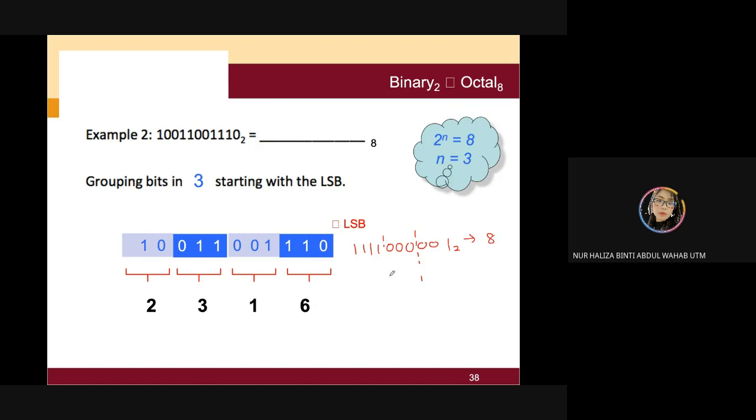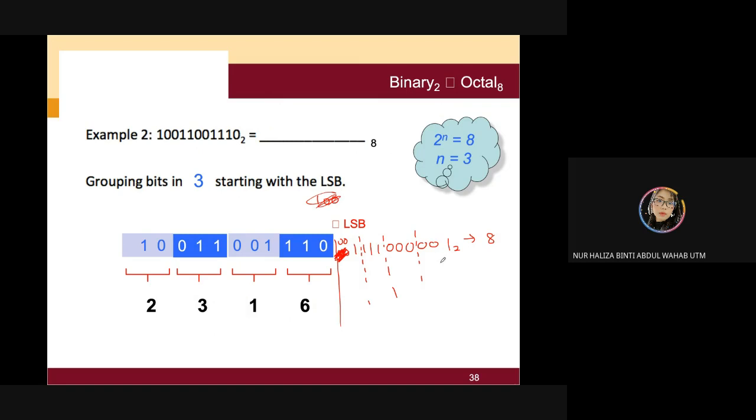So I will group it like this. Of course it's not going to give you a full group over here, but you can just put zeros in front so you are not confused. So you can put 0 0 in front.